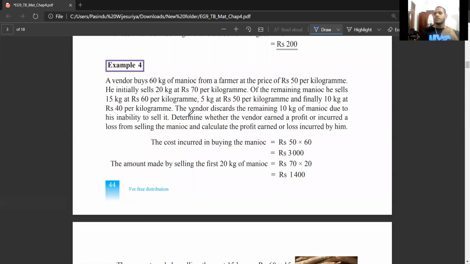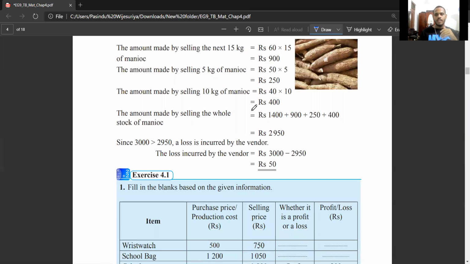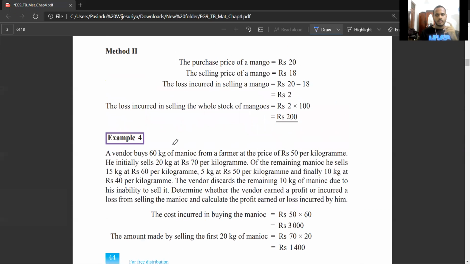Make sure that when you're calculating, all the 60 kilograms are included in the different sections and for the respective prices. Then you get all the additions and a specific number, and you check.